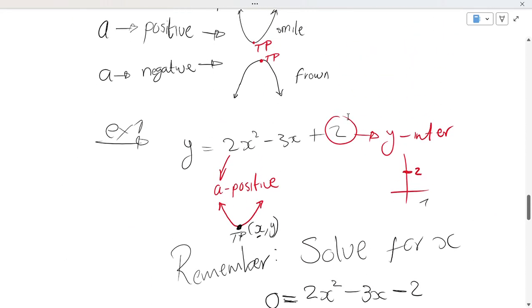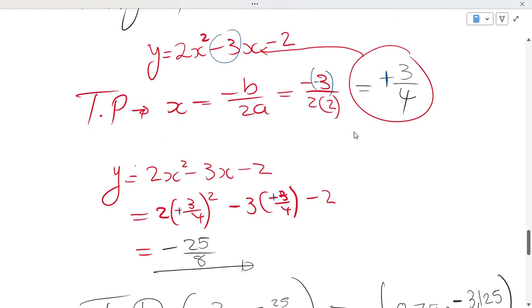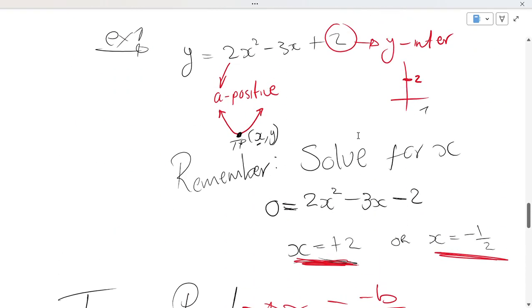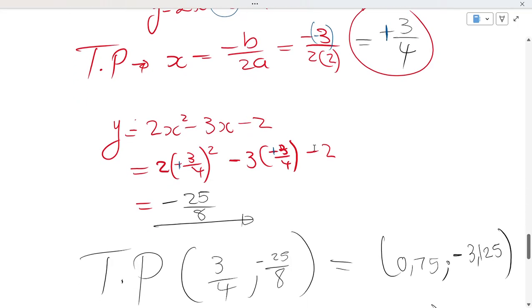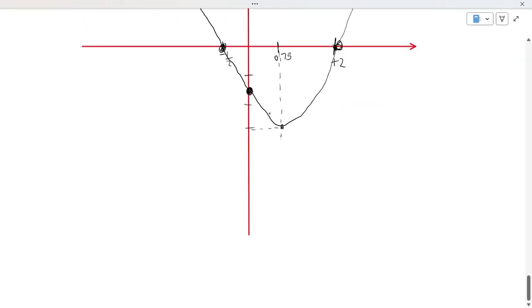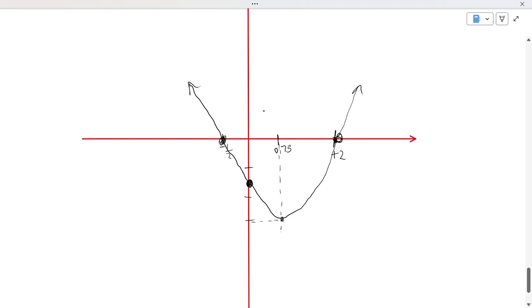You know that the last number is the y-intercept. Sorry, we're using this formula, not that one. We're using this one for negative 2. So this is your y-intercept, right? So what is the value here? Negative 2. Right?